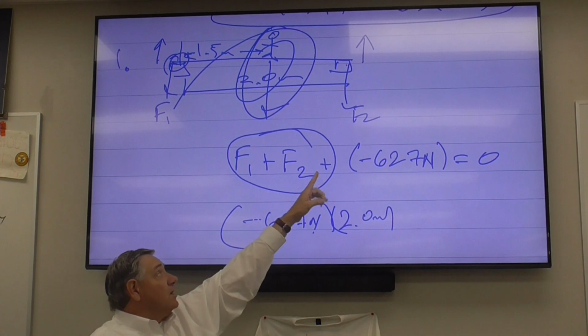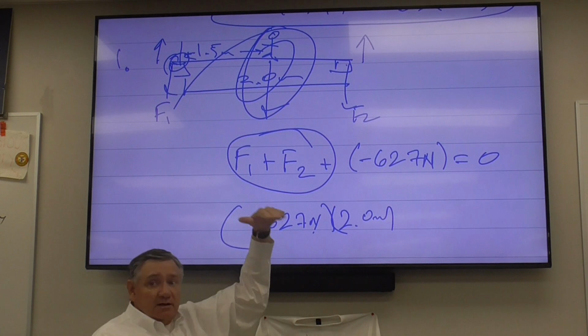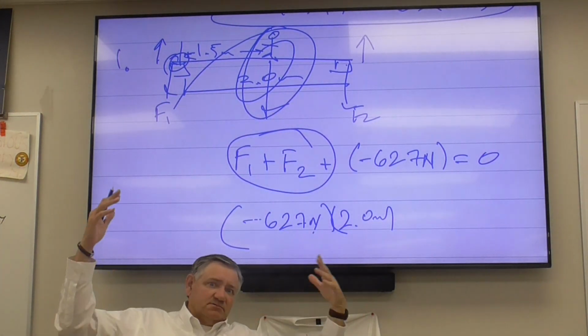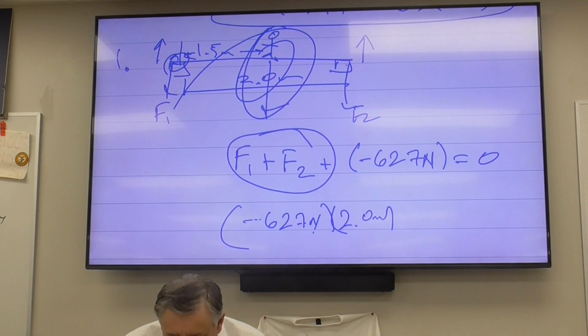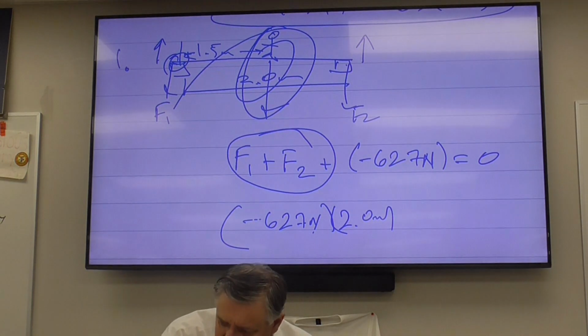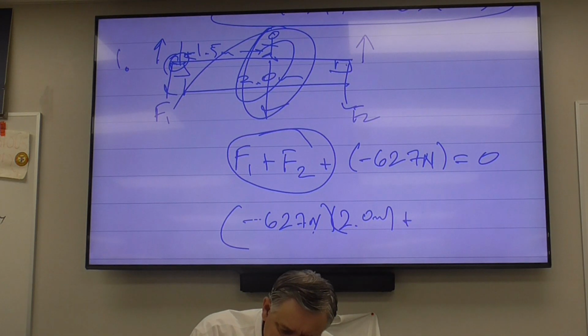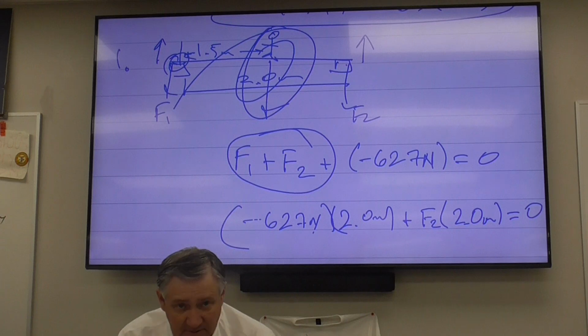Well, that other one has to generate a torque to balance that out. Otherwise, it's going to spin in that direction. So the other one then is going to be that second force that you don't know times 2 meters, and those two values have to add up to equal 0.